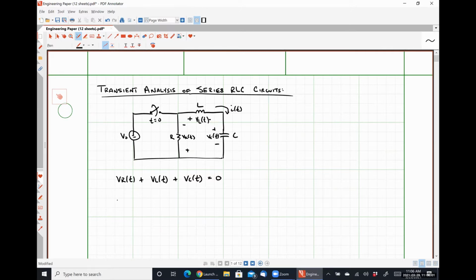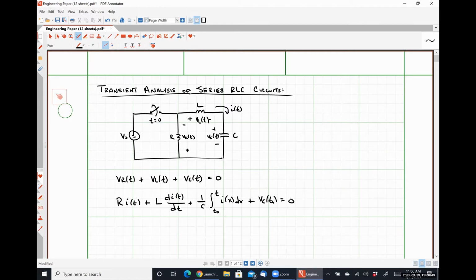So using Ohm's law, we would have R times i(t) plus, sorry, had a brain fart there, L di/dt plus 1 over C, the integral from t naught to t of i(x) dx, plus some initial condition on my capacitor voltage. Set that all equal to 0.